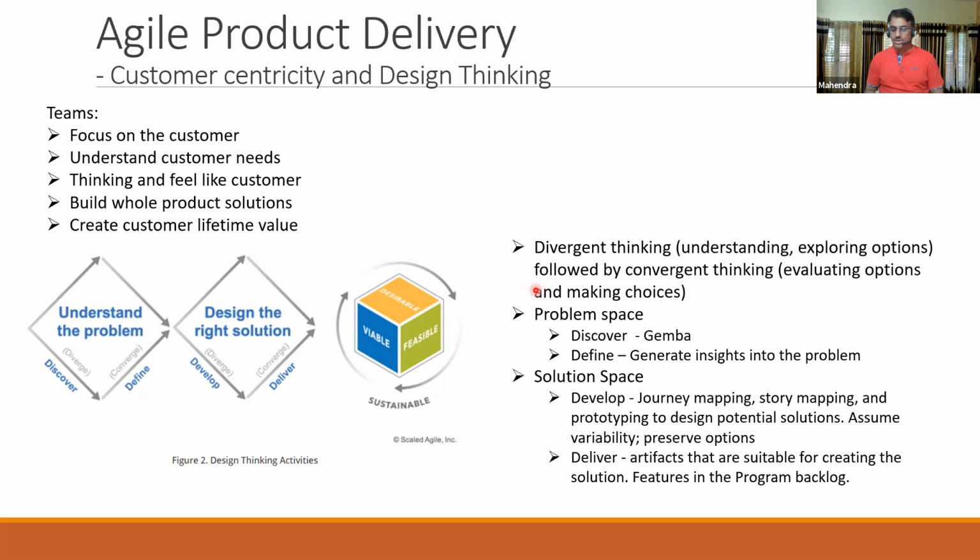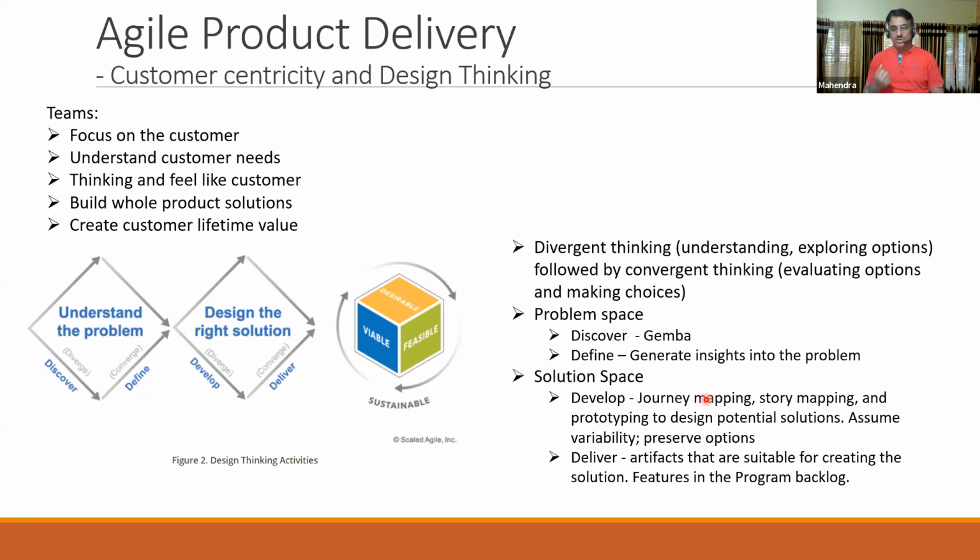You develop the solution, and there's a very beautiful principle that SAFe has: assume variability and preserve options. So we don't eliminate early. We always keep our options open. We keep the doors open, and we work on elimination mode. That is the concept here. When we develop a solution, then you deliver the solution.